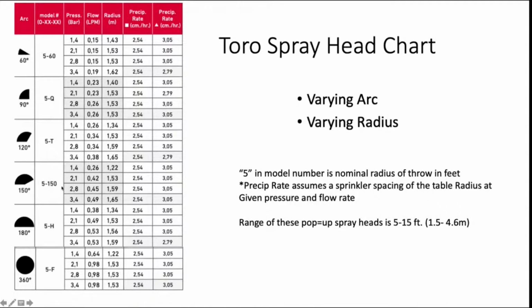They give you a precipitation rate here based upon that flow rate and that radius in the table. Usually when you get these small landscape homeowner type things, they range to maybe not much more than 15 feet or 4.5 meters in radius of throw.